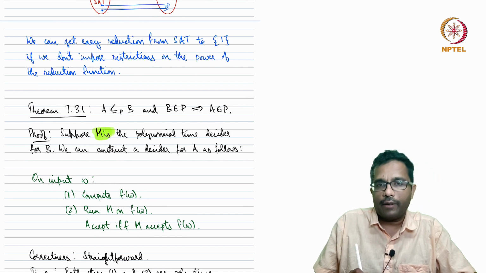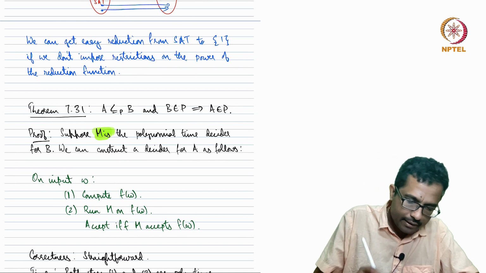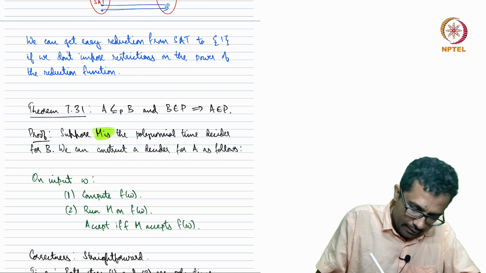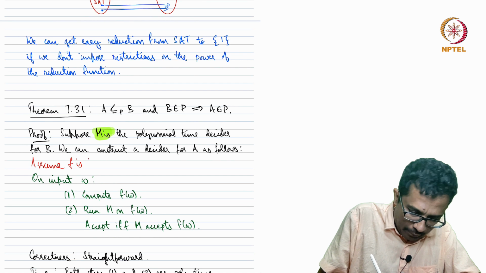We first compute the function, the reduction from A to B, right? Assume F is the poly time reduction.